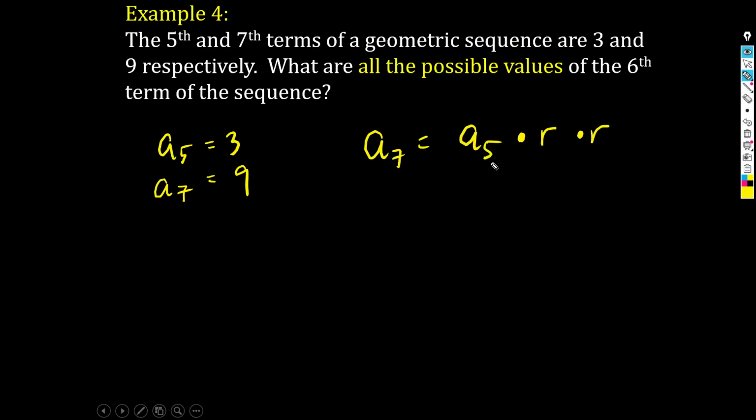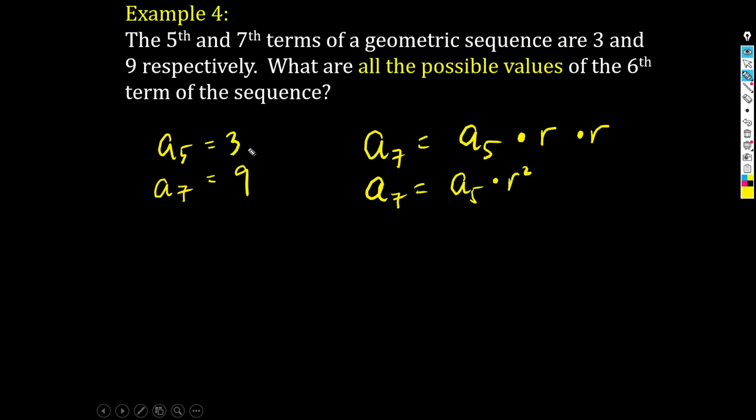If you multiply a sub 5 by r, the common ratio, you get a sub 6. Then if you multiply it again by r, you get a sub 7. In other words, a sub 7 is equal to a sub 5 times r squared.